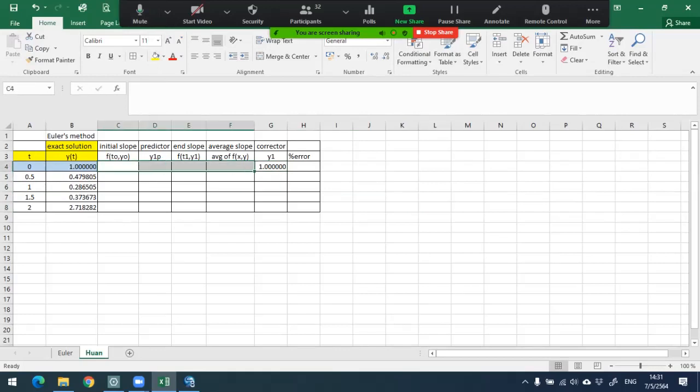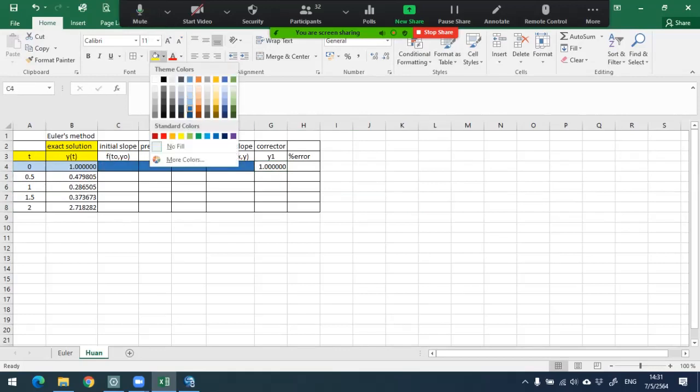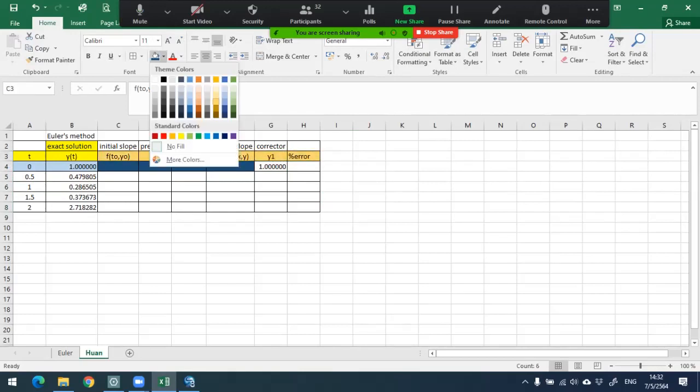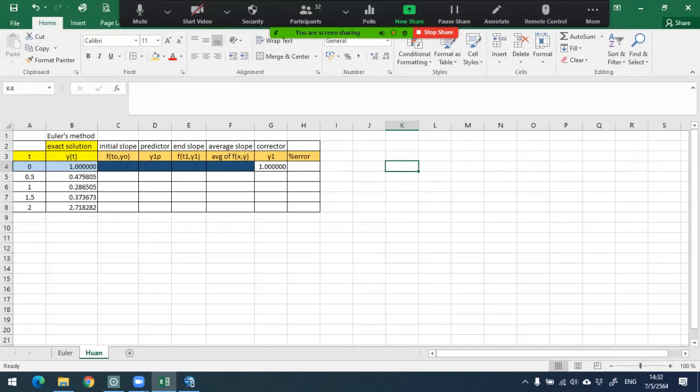So this table is not necessary to solve, and the error should be 0. And then move next.